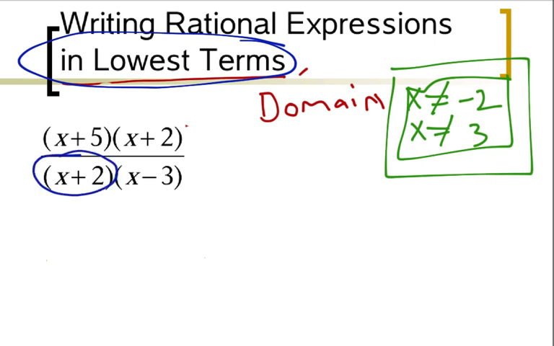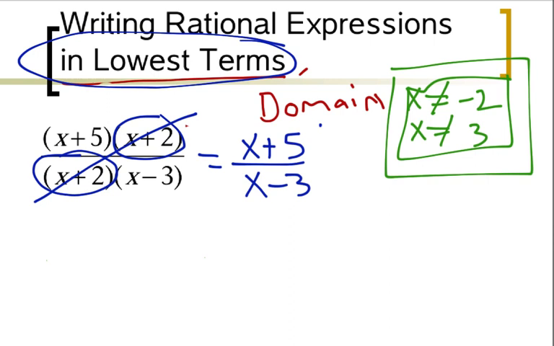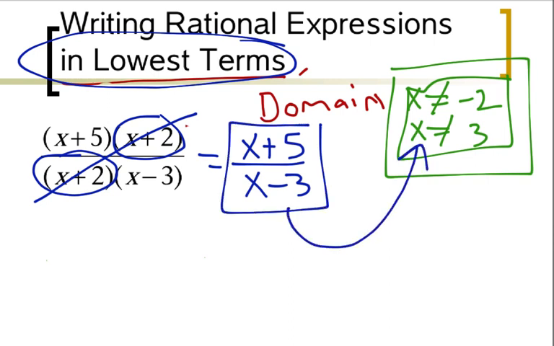There's an x plus 2 on the bottom that's also on the top. So we cancel those out, because anything divided by itself is 1, and we're left with x plus 5 over x minus 3. This is my answer, and I would still have to keep that x can't equal negative 2 and 3. Again, you do the domain part first and then do the canceling.